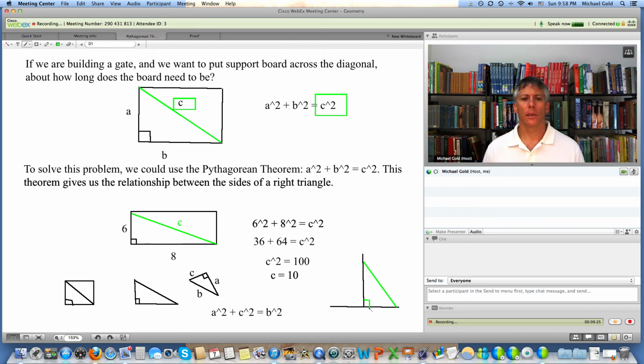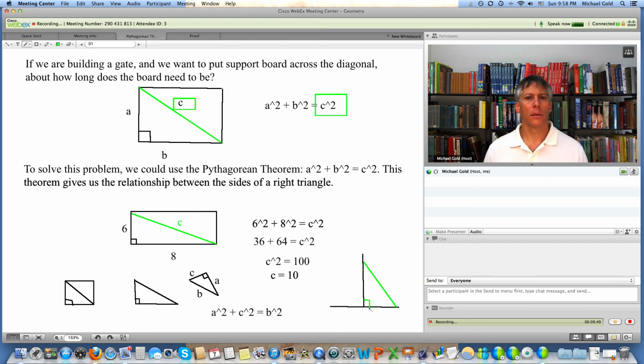And it comes up in physics and chemistry and building as well. With knowledge of this, you can make walls that are perpendicular to each other or a wall perpendicular to the ground anywhere. All you need is a 3, 4, 5 triangle or a 6, 8, 10 triangle or some other similar triangle that fits the Pythagorean theorem.